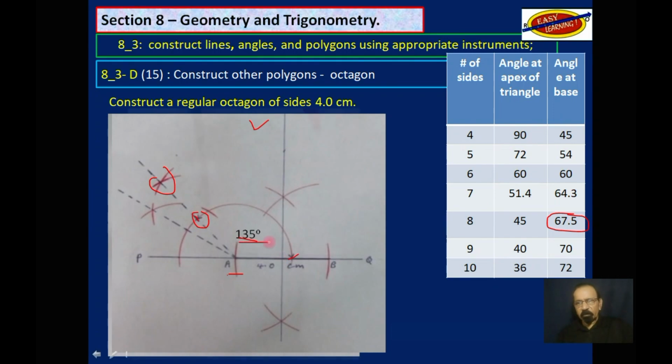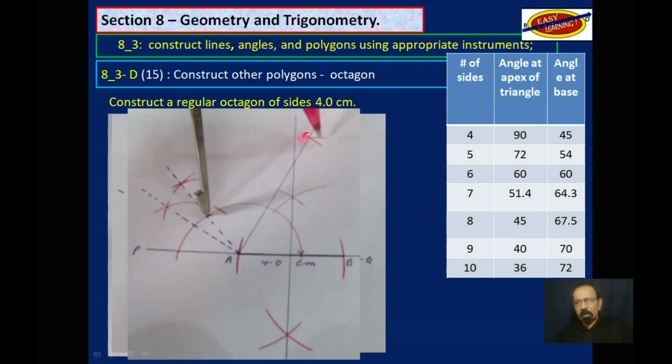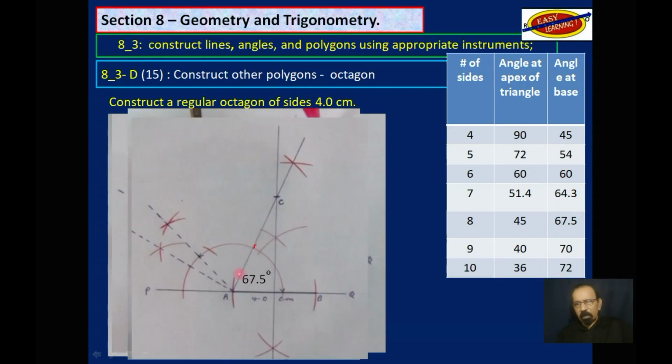It's 135. We will bisect it like that using this point here, and that we will open the compass fairly wide, draw a line through there, that there. So this is 67.5. We project that angle until we reach here.